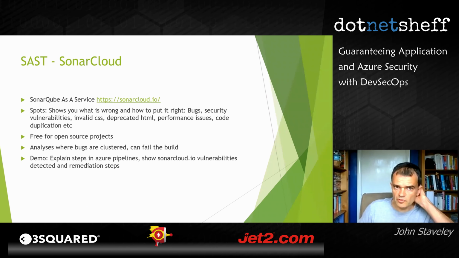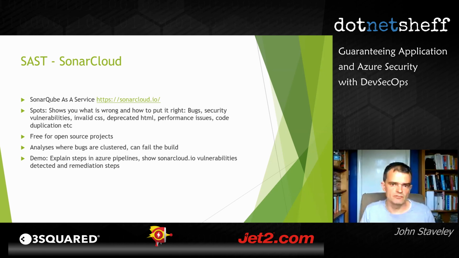So another good way of checking code is via SonarQube. SonarQube as a service is known as SonarCloud. It's free for open source projects, which I've got, and it's running as part of my Azure pipeline. It shows you what you've done wrong and how to put it right.